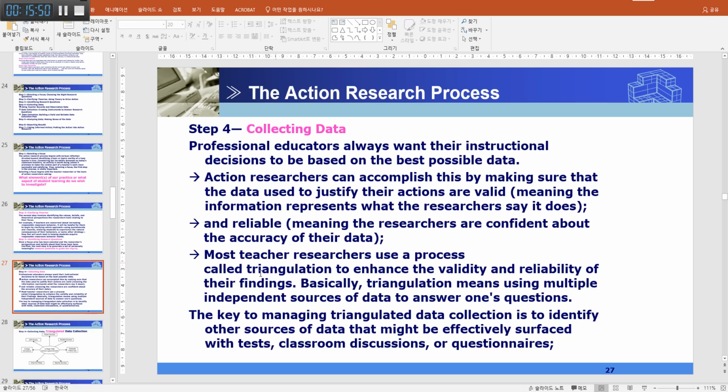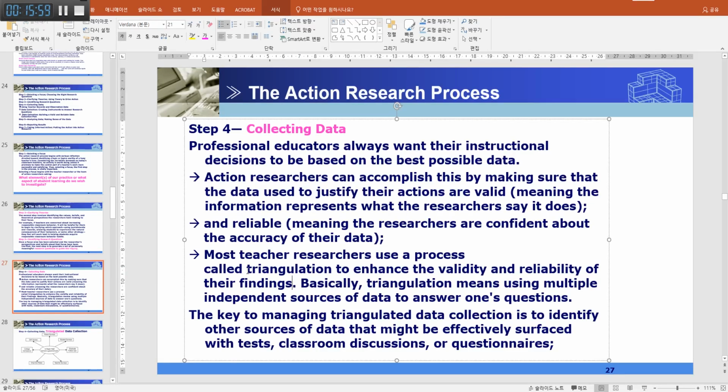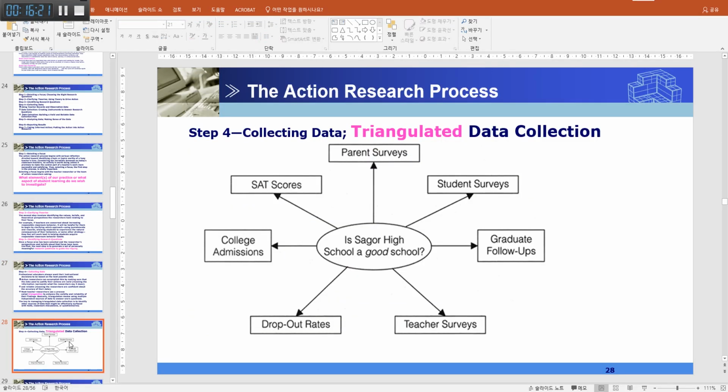Okay? Whenever you collect data, they emphasize triangulation in action research. It's called triangulation. It's about identifying other sources of data that might be effectively surfaced with tests, classroom discussion, or questionnaires. I mean, whenever we say triangulation in data collection, it's about using various ways of collecting data.